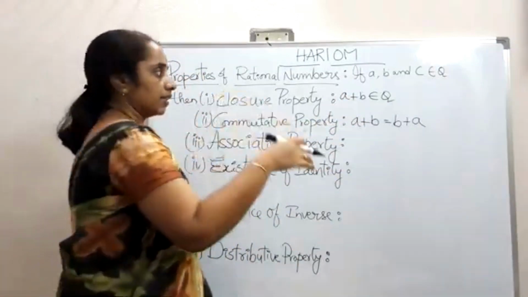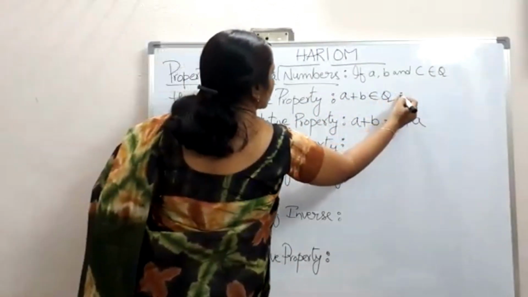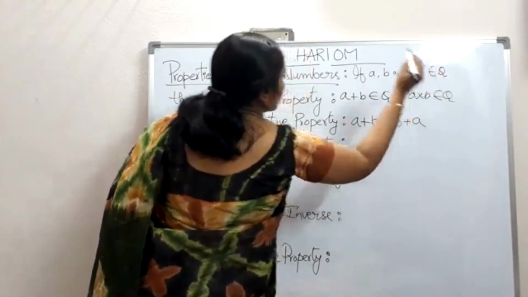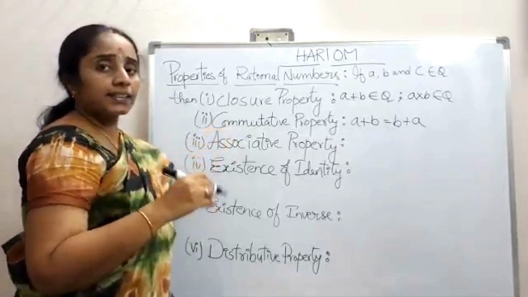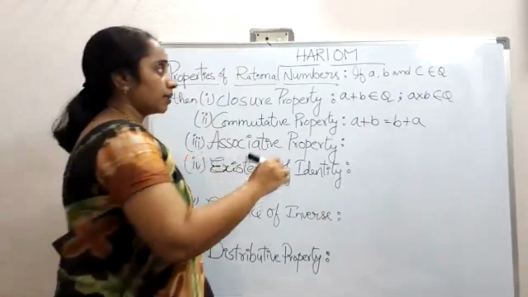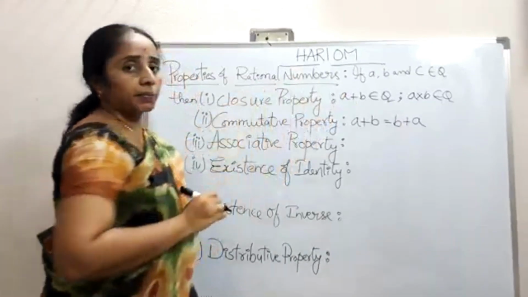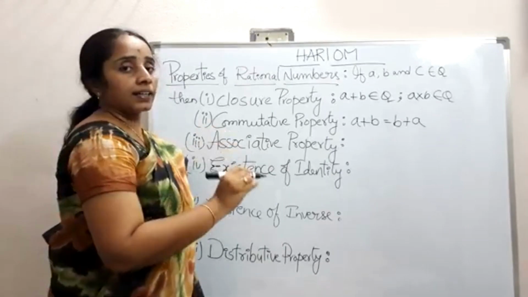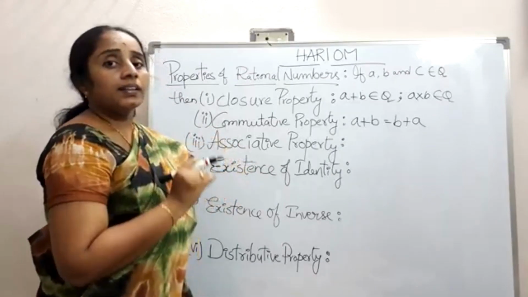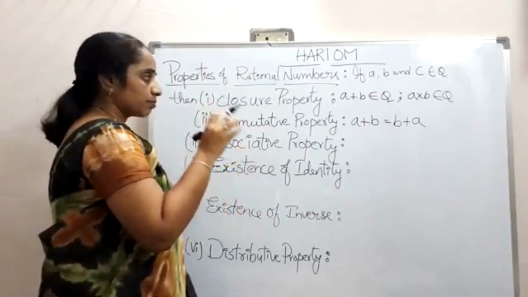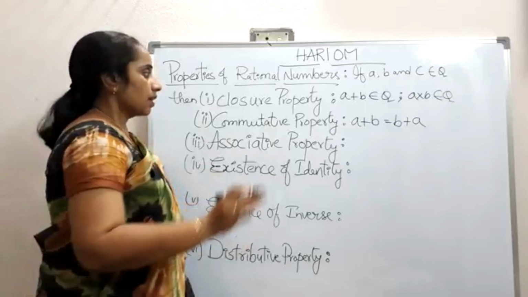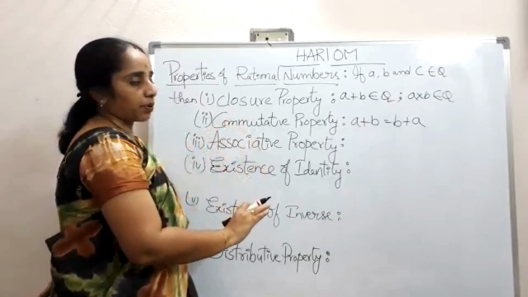Under multiplication, it becomes a into b belongs to Q. As I discussed already about addition and multiplication, I told you to try yourself under subtraction and division. Write your results in your notebooks and check out all these properties.